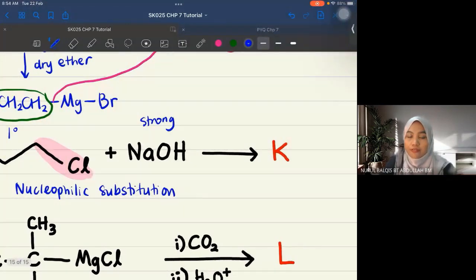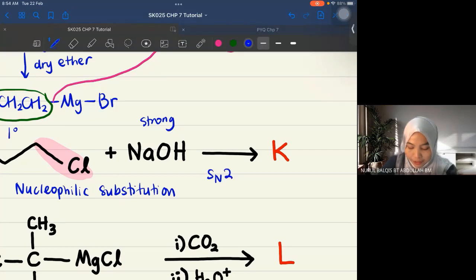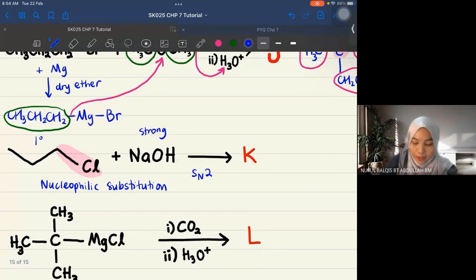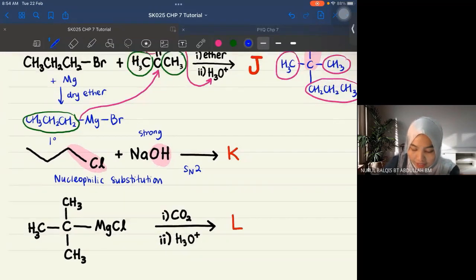Mechanism apa yang kita nak proceed with? SN2. SN2 mechanism. Good, thank you. Jadi kita simply substitute saja this Cl with this OH. Okay, kekalkan dia. So kita akan ada 1, 2, 3. Okay, sini kita masuk OH kita.